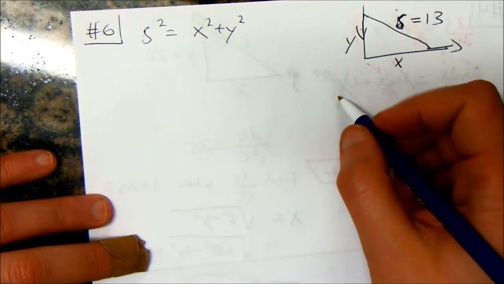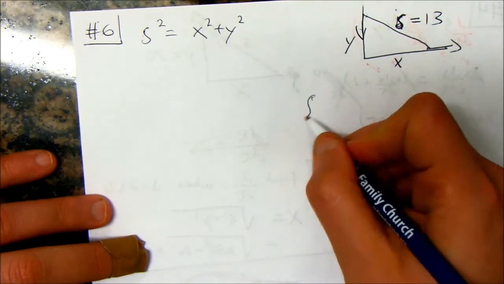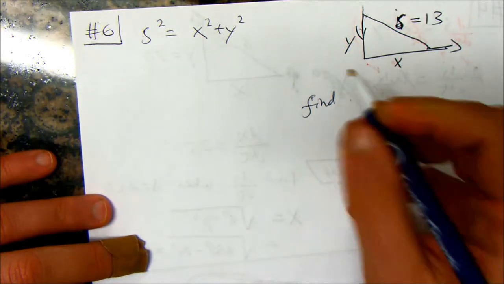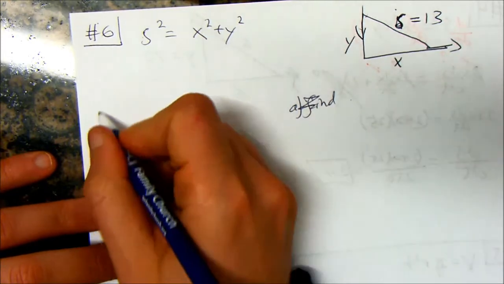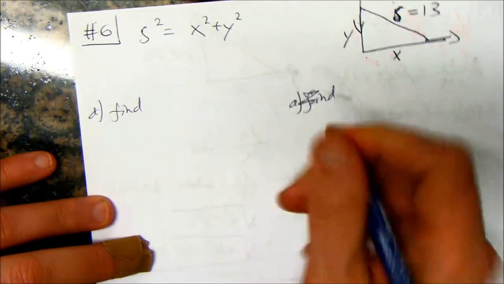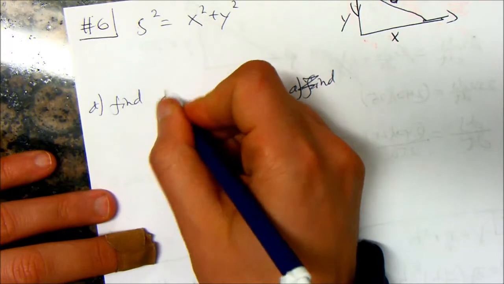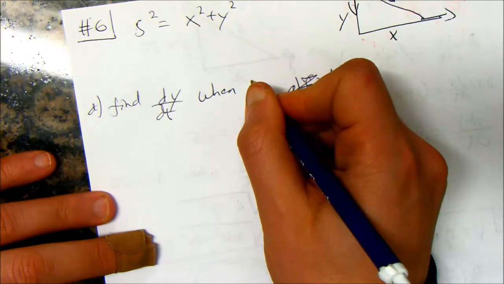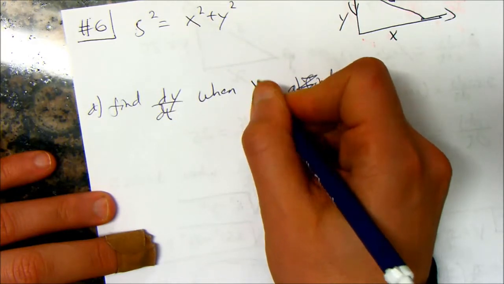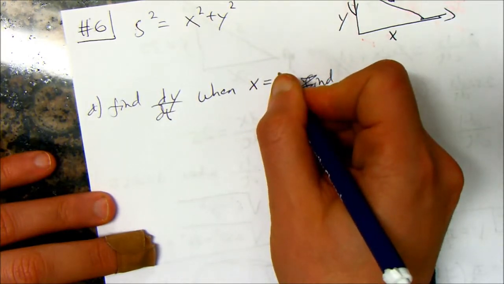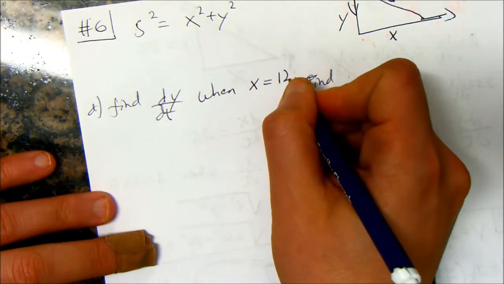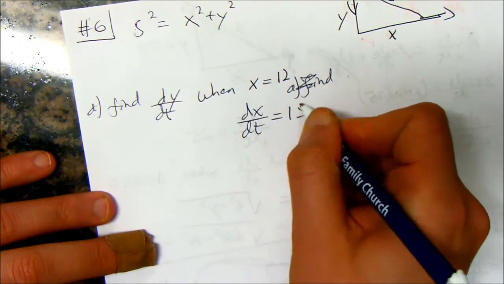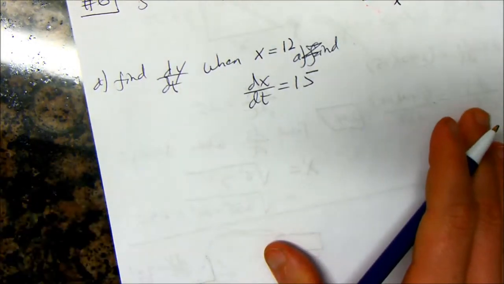So by the time the base is 12 feet, find, this is part A, find dy dt when x is equal to 12. Okay? And they're also telling us that dx dt is equal to 15.